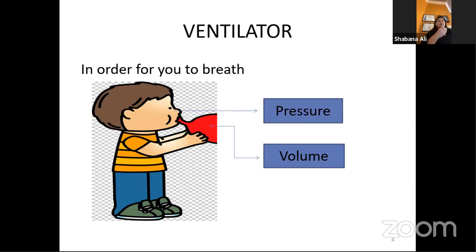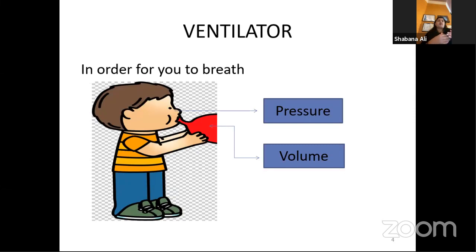From your mouth, you put a balloon and you apply as much force as you can so you can blow the balloon, right? And the second one is volume, how far you want the balloon to inflate. You can inflate a little balloon, or you want to inflate a big giant balloon. So pressure and volume are 2 key factors.